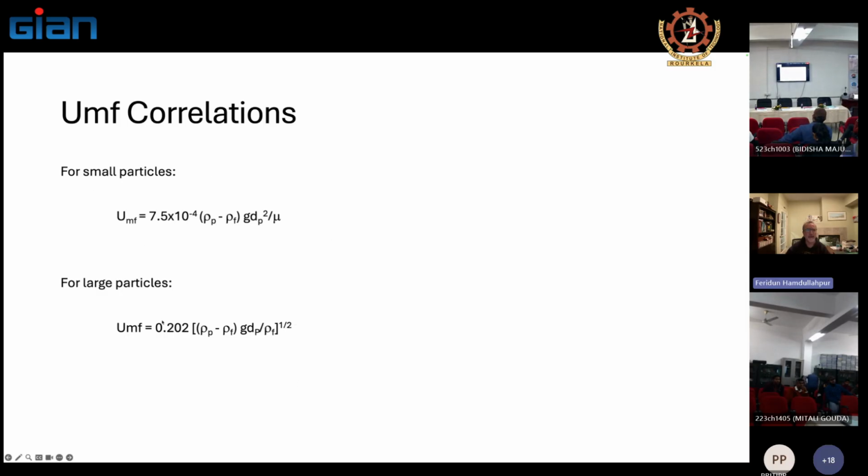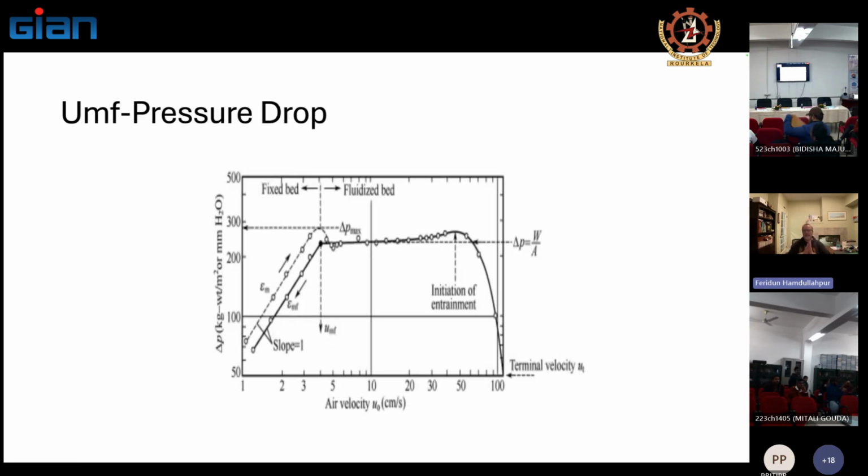For large particles, this is it. So particles that fall into, and I'm going to show you in a minute, Geldart's classification as small particles, you can calculate it this way. Large particles, again in Geldart's classification, we can calculate the minimum fluidization this way.